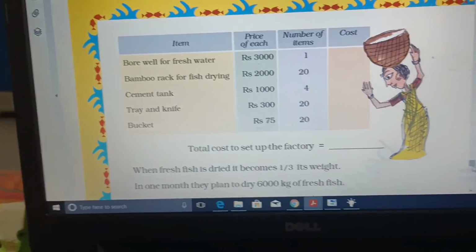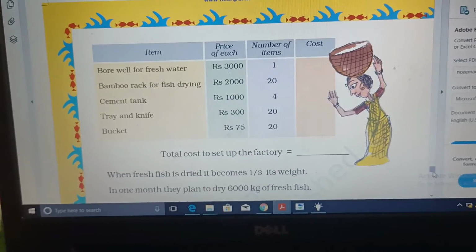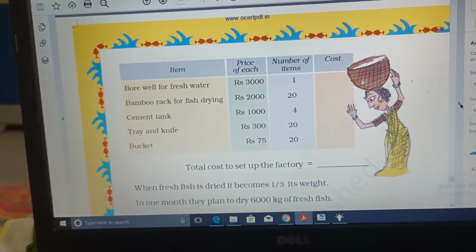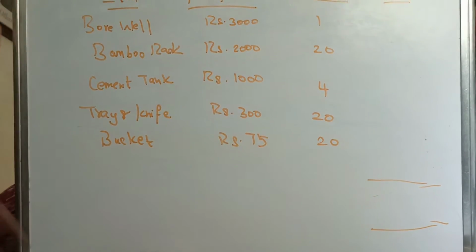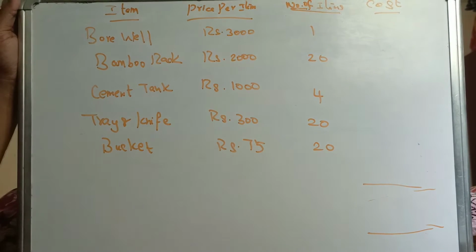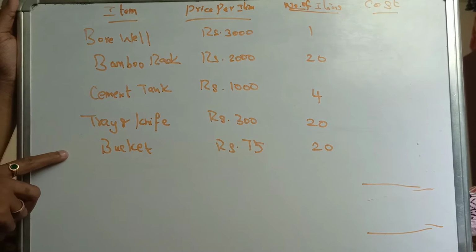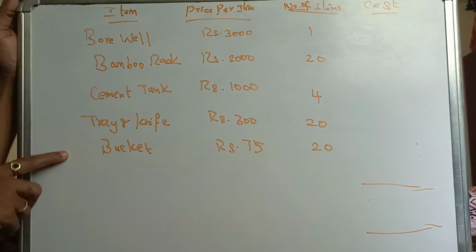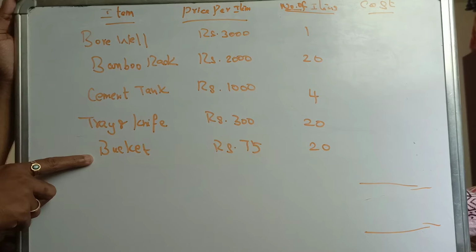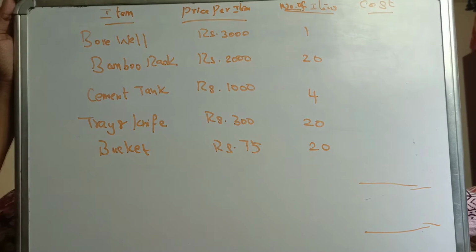These are some of the raw materials which they require in order to dry the fishes. Now, whatever you're seeing on the whiteboard is what we have seen in the book. These are all the raw items required to set up a fish drying factory.